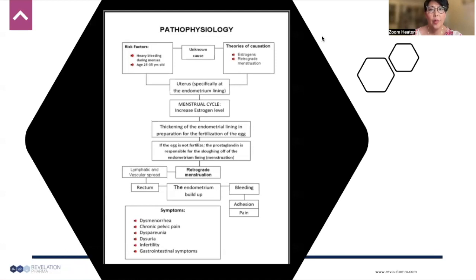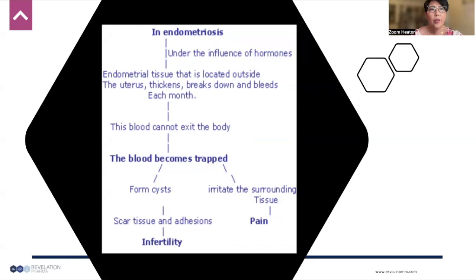When the endometrium is sloughed off during menstruation, it's believed that cells escape and go to other locations, including the surrounding areas of the pelvis. Some get into the fallopian tubes, and some cells get to the ovaries and other places in the body, which we'll go over shortly. So this shows the pathophysiology of how endometriosis comes about.